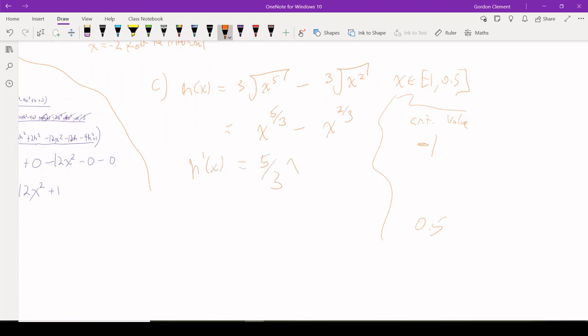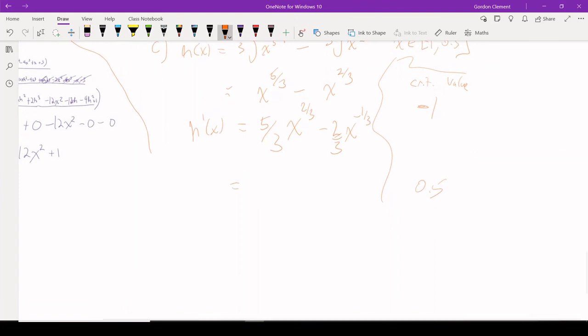5 over 3 x to the, what would the new exponent be on this one? Nice. So subtracting 1 means you're subtracting 3 over 3. And then the minus 2/3 is going to come in front. And what's the new exponent on this one? Thank you. All right.